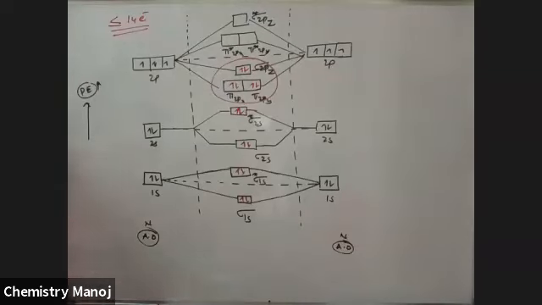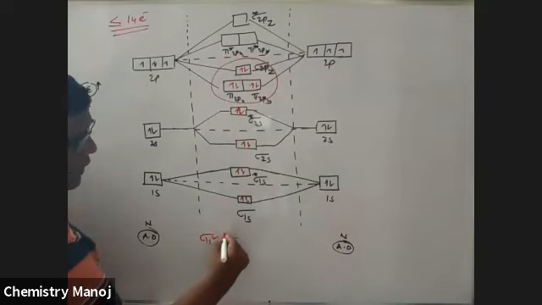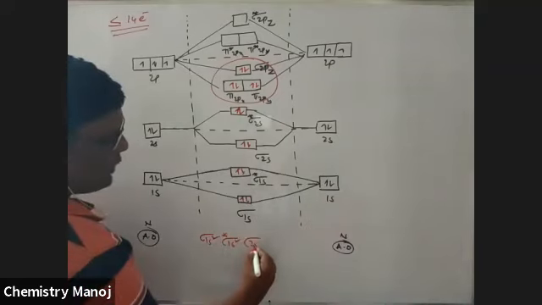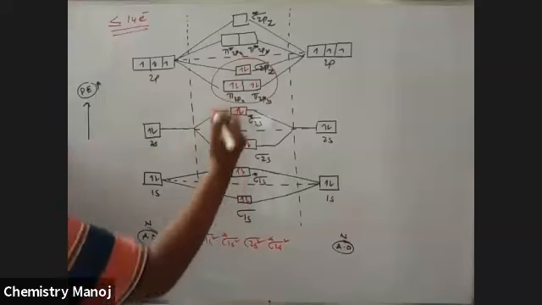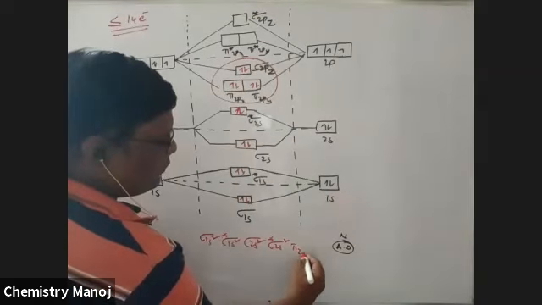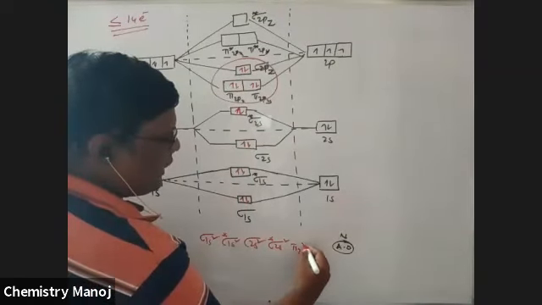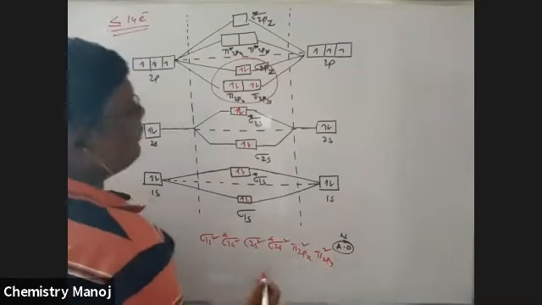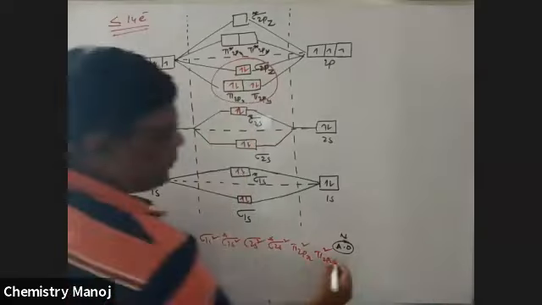What is the electronic configuration? Sigma 1s2, sigma star 1s2, next sigma 2s2, sigma star 2s2, next pi 2px2, pi 2py2, sigma 2pz2.